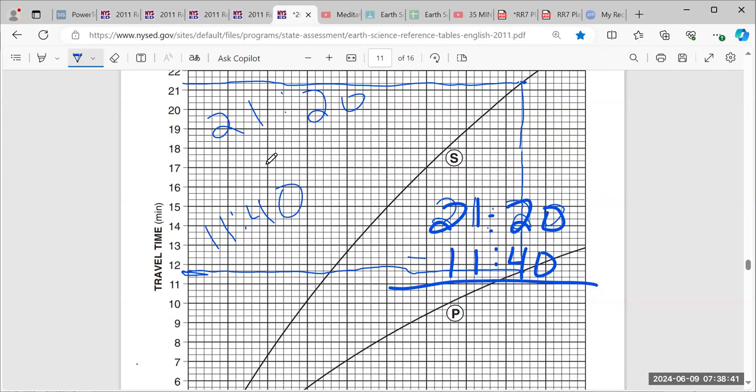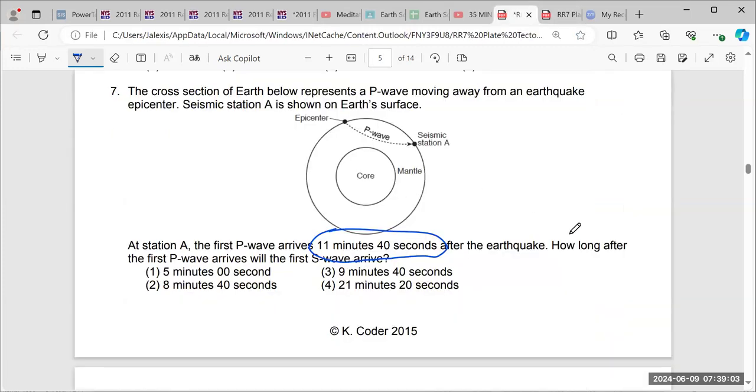When I subtract, I can't do 20 minus 40, so I need to borrow a minute and add 60 seconds. So 80 minus 40 is 40. 20 minus 11 is 9. And so now that lets me know that it is 9 minutes and 40 seconds after the P wave has arrived, which is choice number 3.